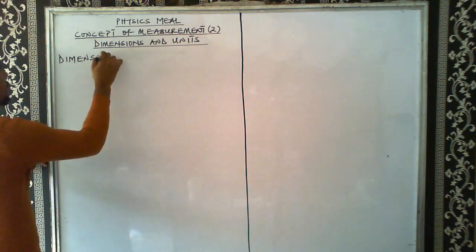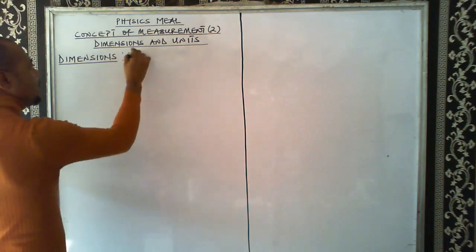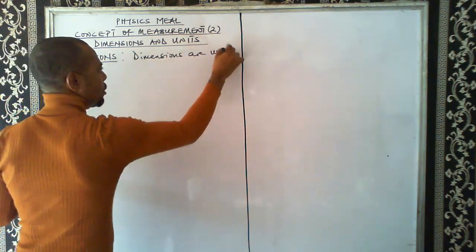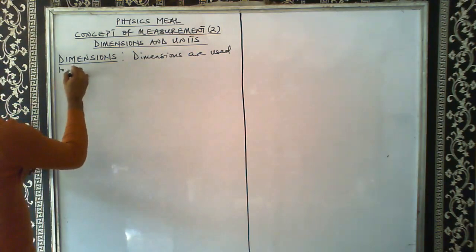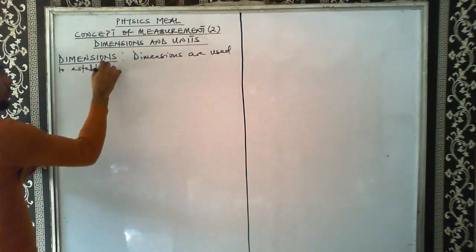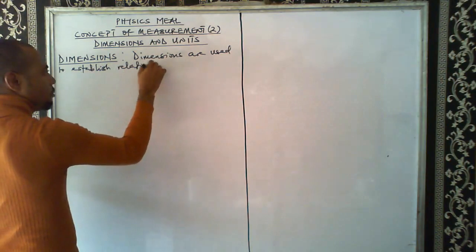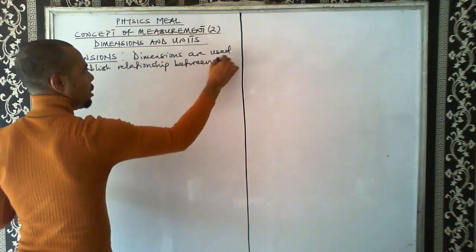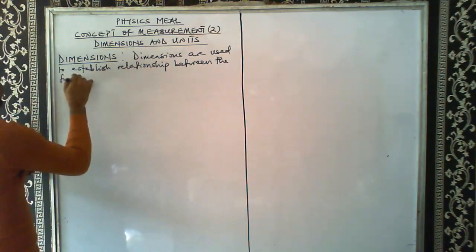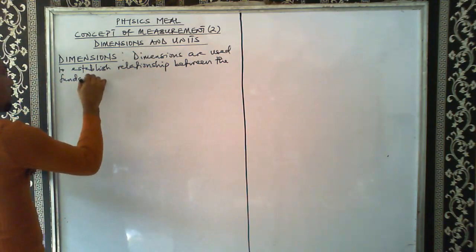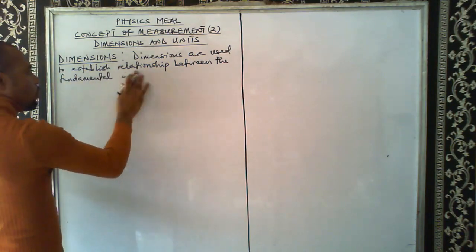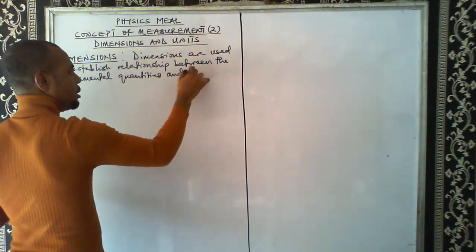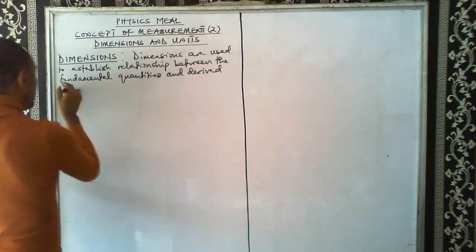So we have dimensions. What do we mean by dimensions? Dimensions are used to establish relationship between the fundamental quantities and derived quantities.